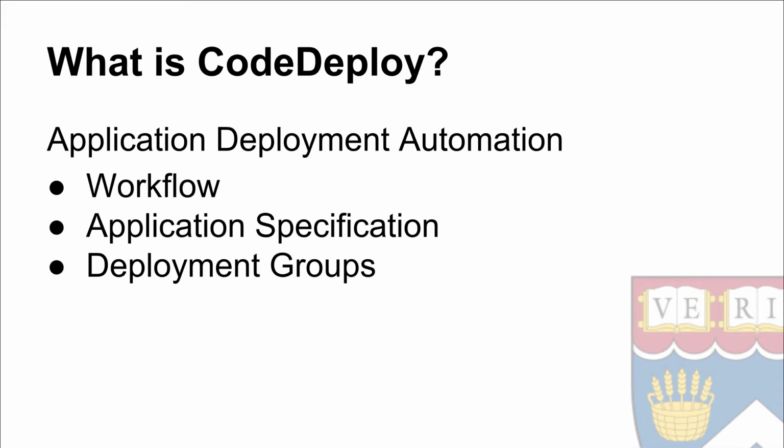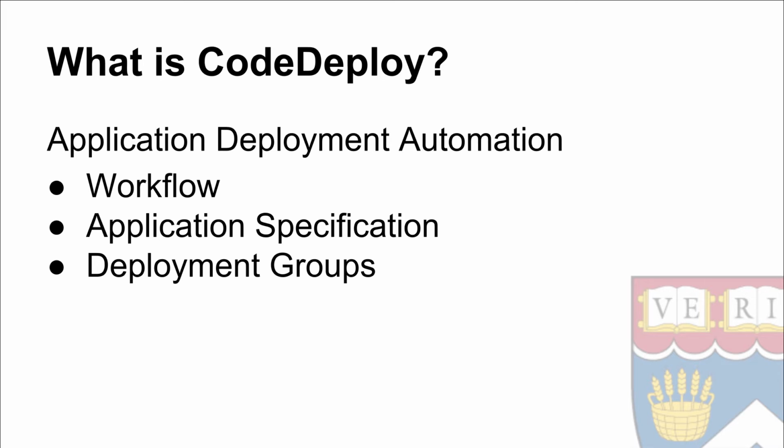It could be just a couple, it could be thousands, or hundreds of thousands of instances in a controlled manner. How it pulls this off is by allowing you to define application specifications and then grouping your EC2 instances into what they call deployment groups.